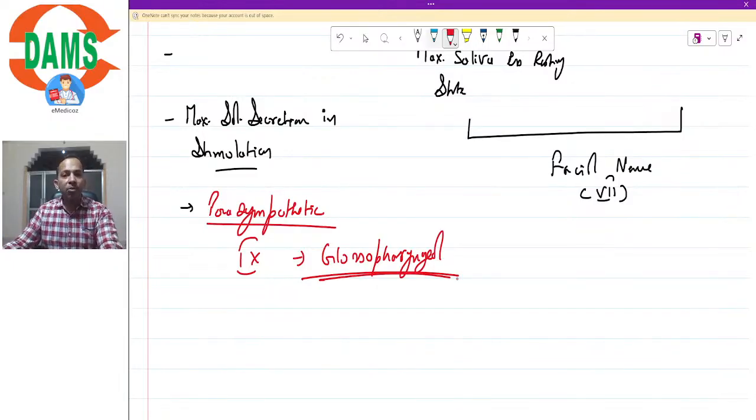So these are some of the key differences between these major salivary glands. Since today's class is not about these glands, it is about the saliva formation and secretion, this is just a brief introduction about the different types of salivary glands, right?